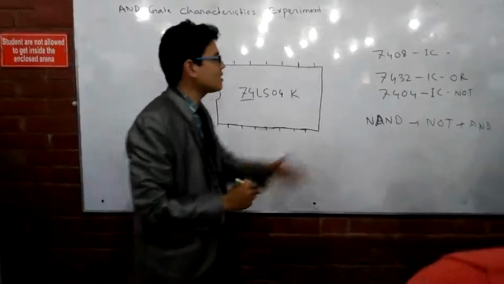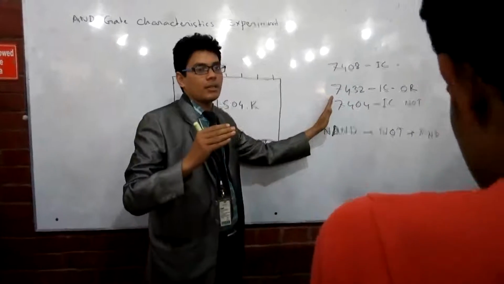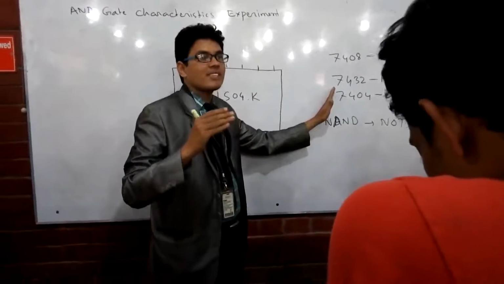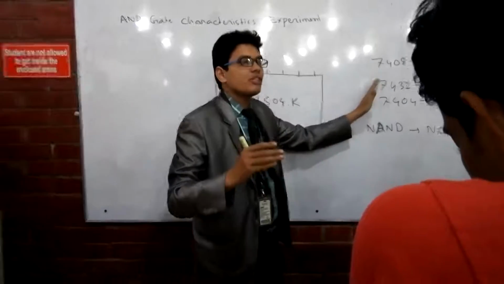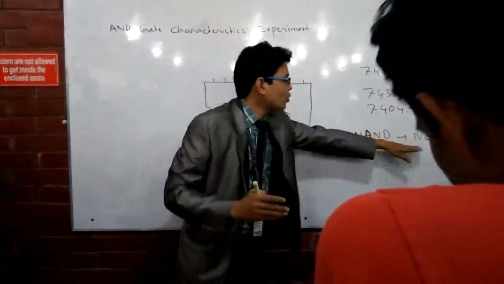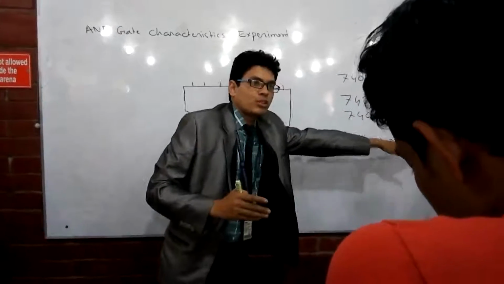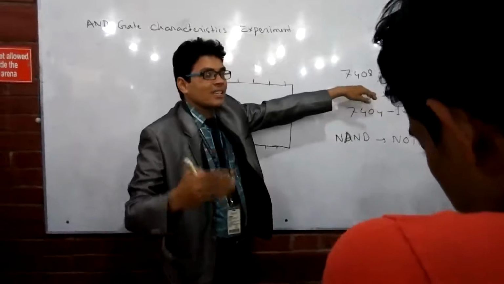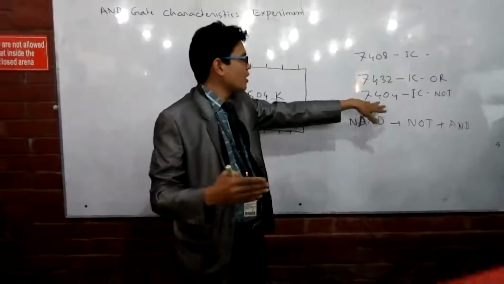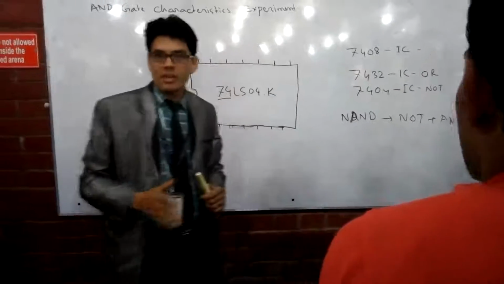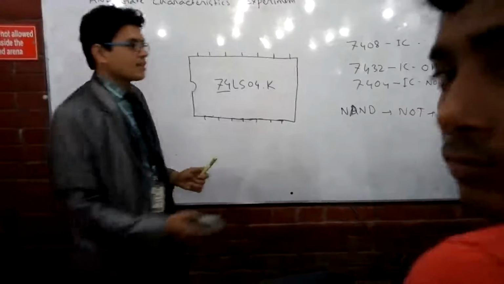So these 3 ICs are exactly the basic ICs by which you can make other combinations like NOR, which is NOT plus OR. That is how you can make the other remaining combinations using these 3. You understand? So these are the basic things.